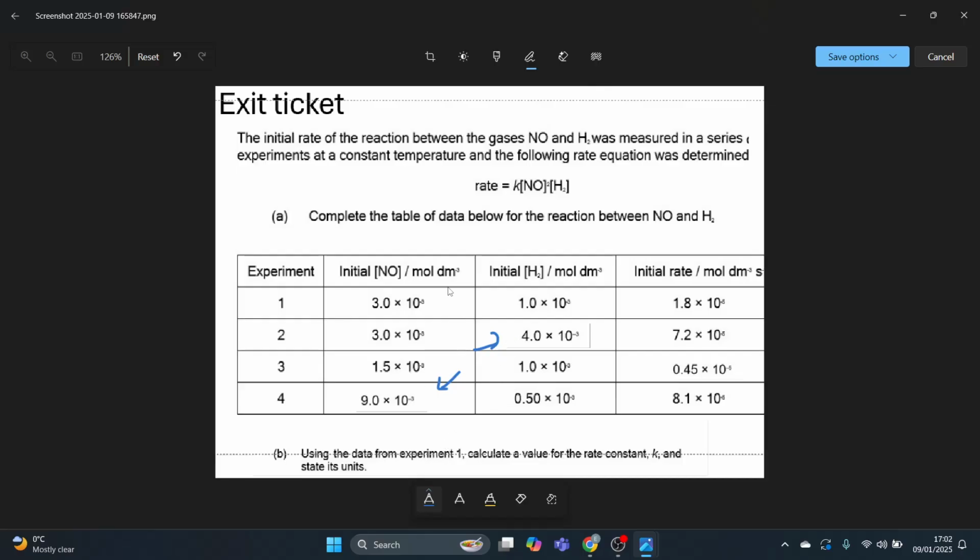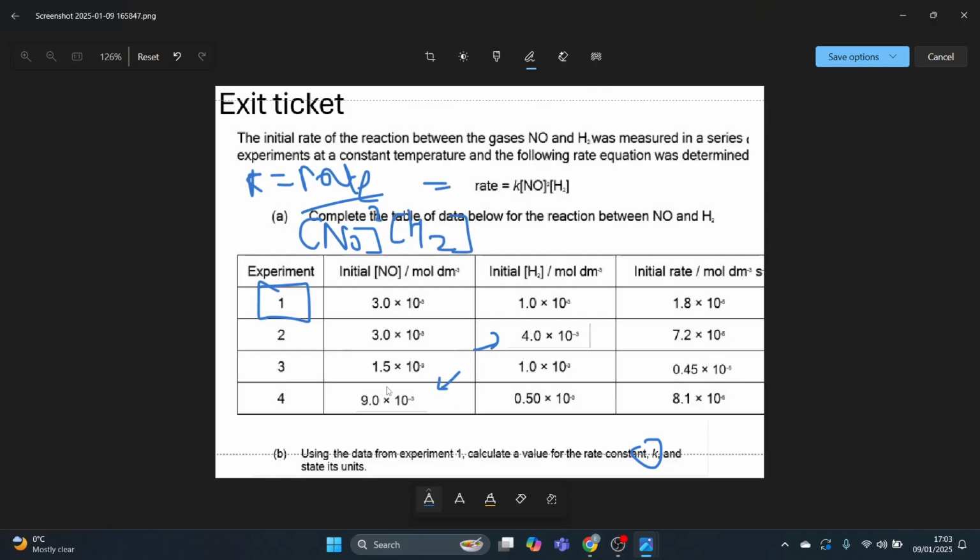It says using data from experiment 1, calculate the value for rate constant K and state its unit. So it just tells you what the rate constant K is. So we need to rearrange it. So we get K equals rate divided by NO squared H2.